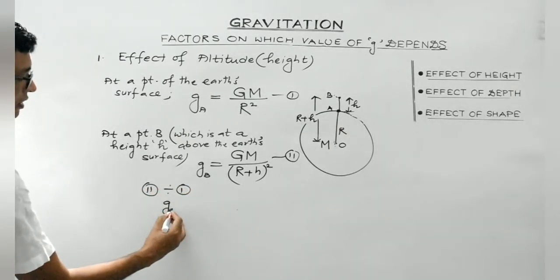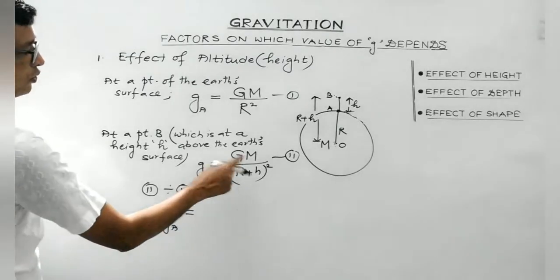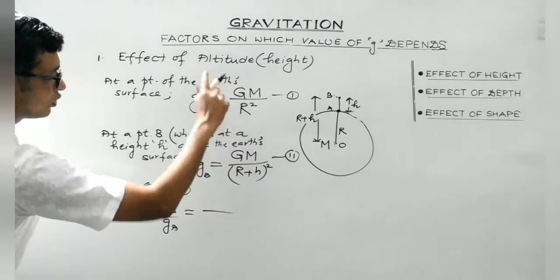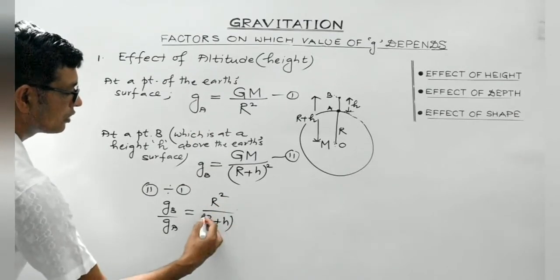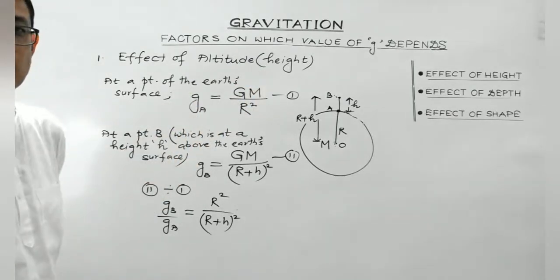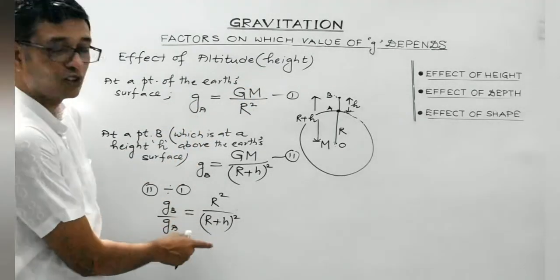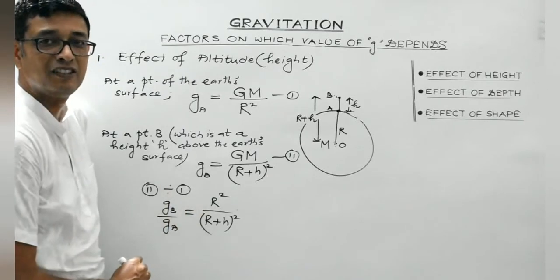Now what to do is second divided by first. What do we get? GB divided by GA. It will be equal to r square divided by r plus h whole square. GM will get cancelled out. So students, over here, constant over here, obviously the denominator is greater than the numerator.